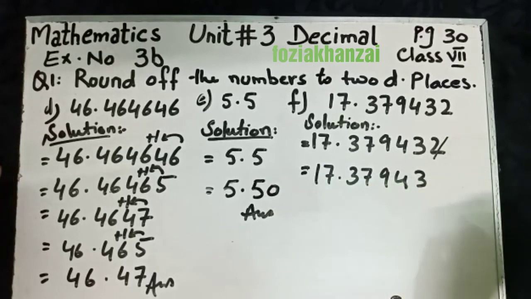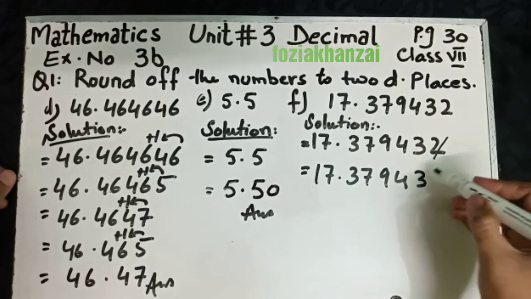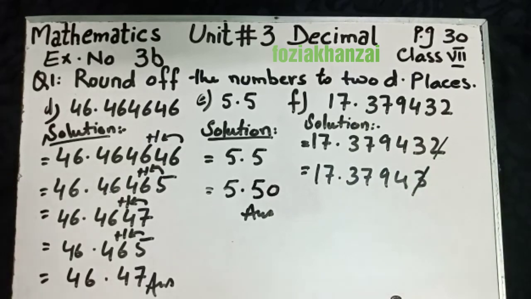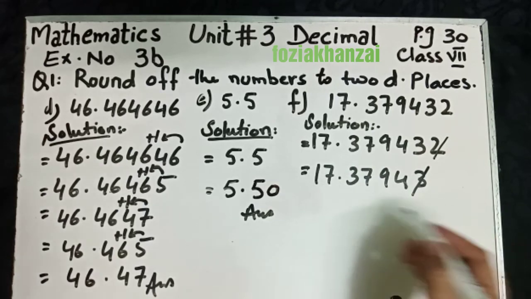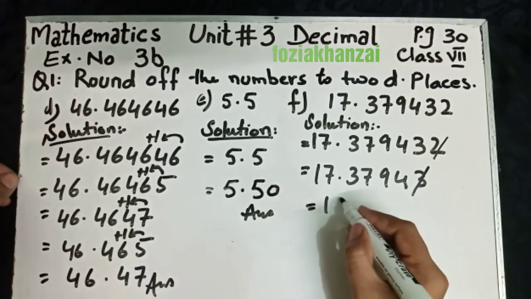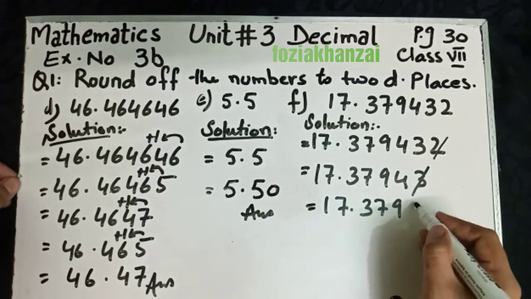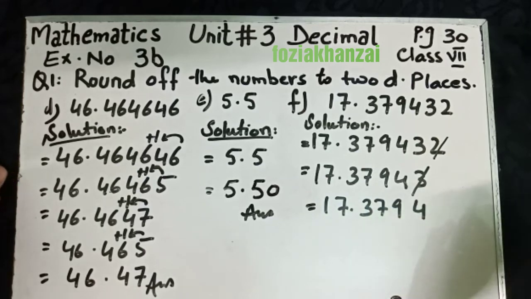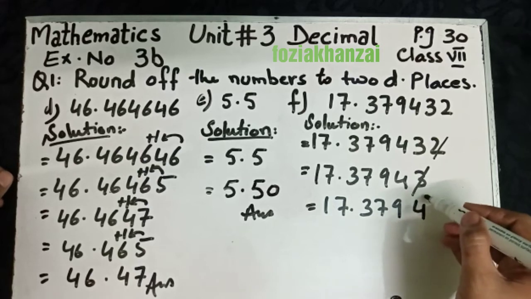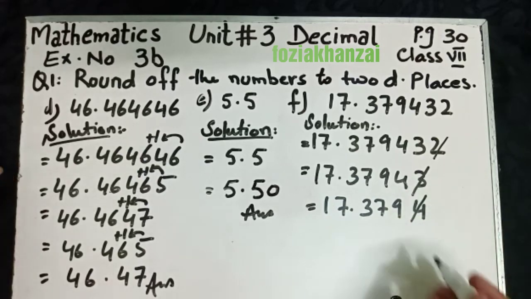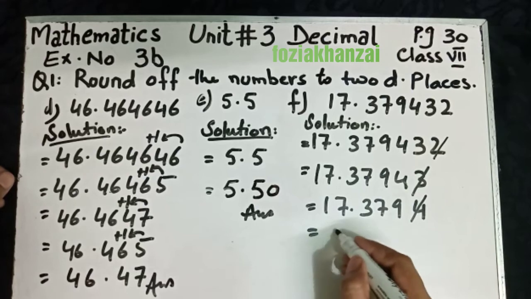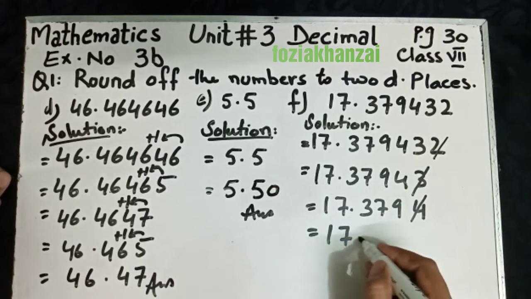Now in this step, the last digit 3, so we skip, we cancel this number 3, the remaining as it is, copy down: 17.3794. In this step, the last digit 4 is less than 5, we skip 4, the remaining as it is, copy down.